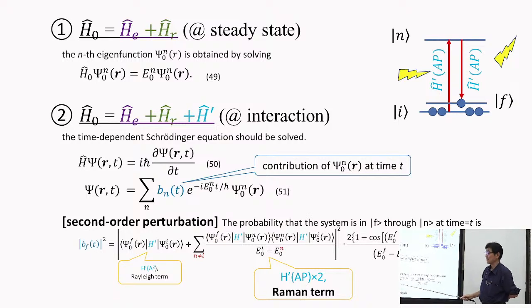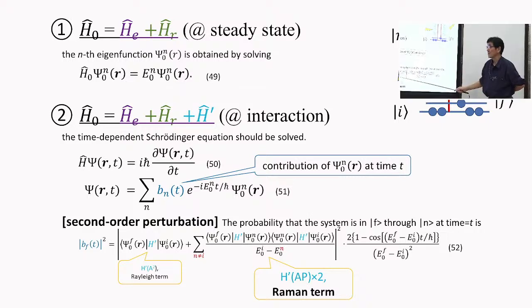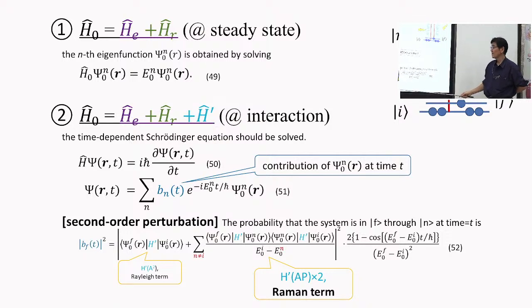And this is expressed in this way. Interaction Hamiltonian appears several times. The first term corresponds to the result of the first order perturbation, and it corresponds to Rayleigh scattering. The Raman scattering comes from the second term. Okay?